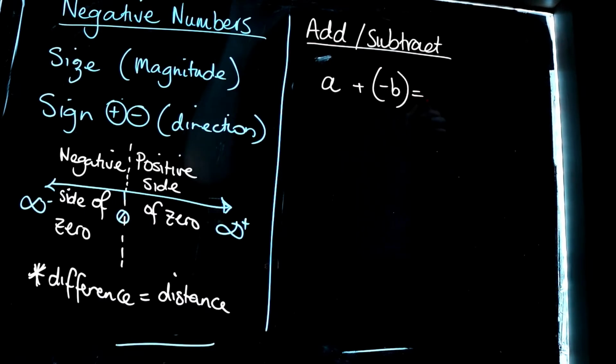What I want you to get used to is that these brackets are just helping you to see that it's a negative number. So we can read this as A, any number, plus a negative whatever. That's going to be the same as A subtract B.